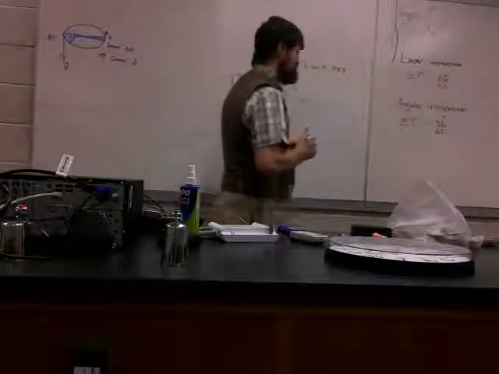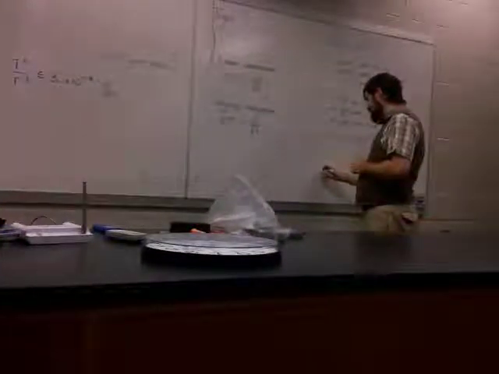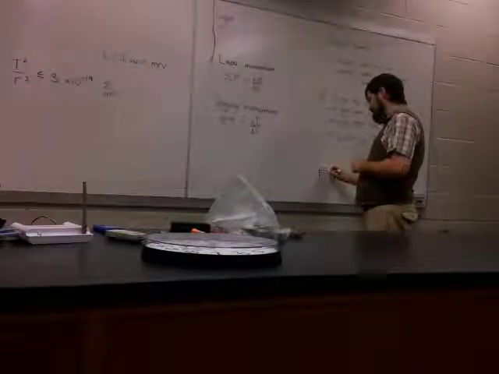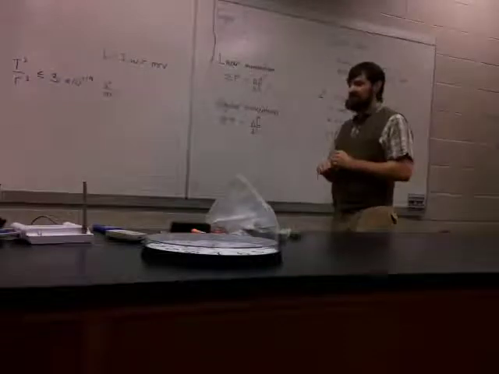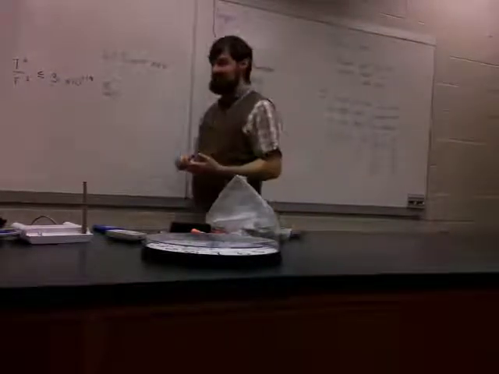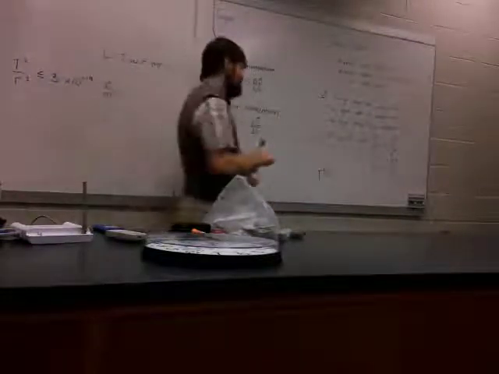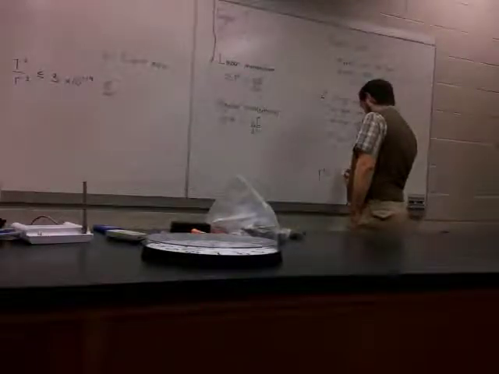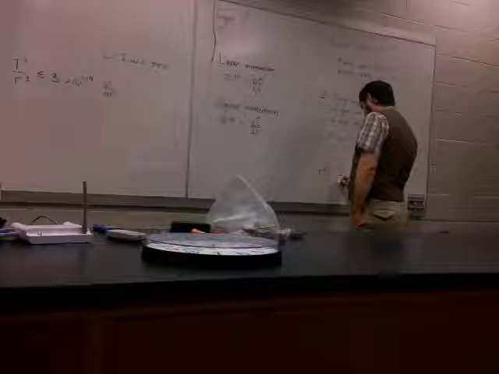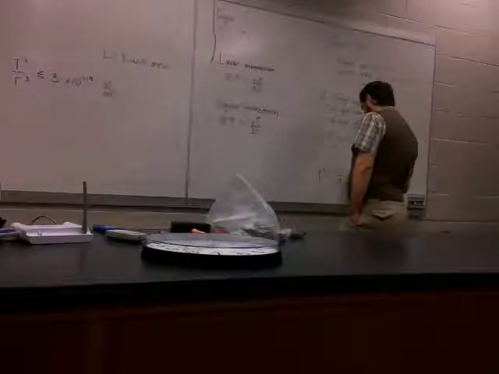So this law right here, in the light of Newton, says that t squared should be equal to 4 times pi squared divided by g divided by m, times r cubed.